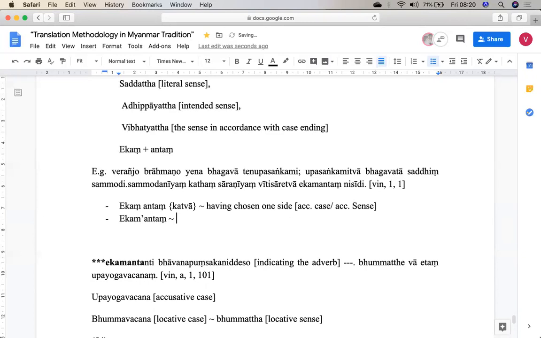So actually, this praise is found when someone approaches a senior or respected one, like the teacher or the grandfather or grandmother or preceptor, someone who should be paid respect.